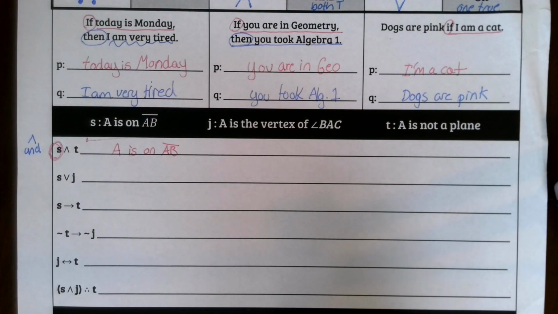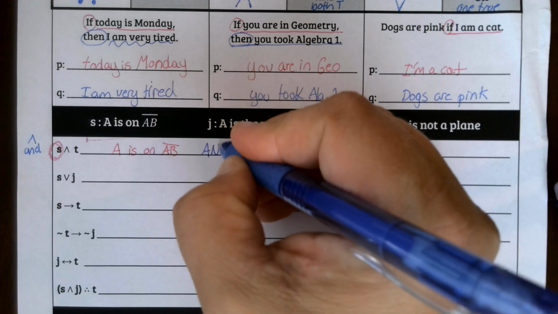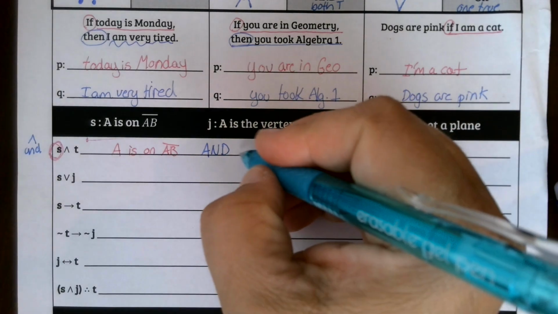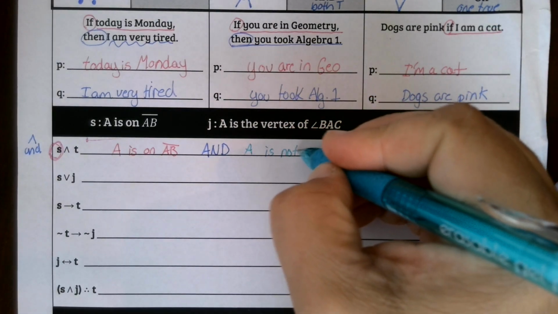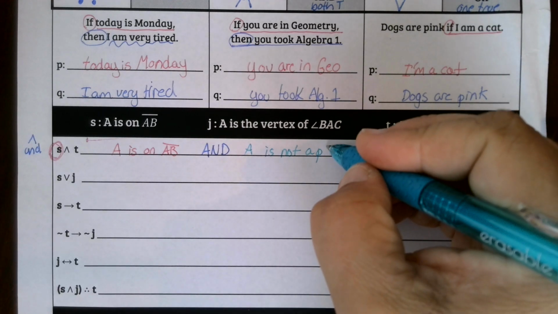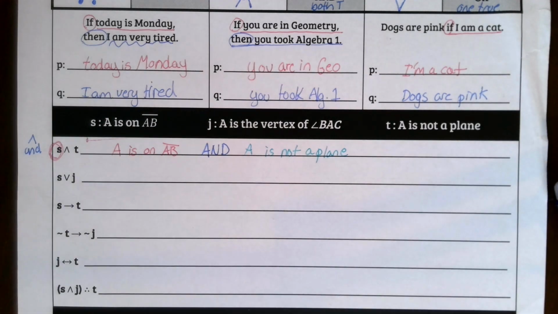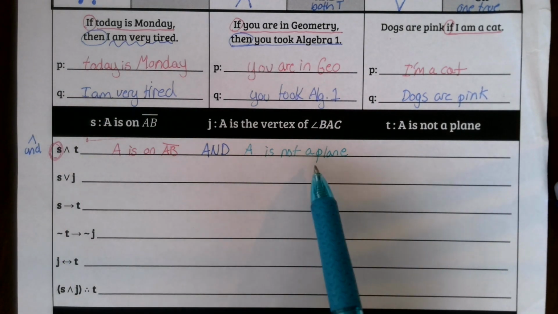An and symbol because it's up like an A. Alright? So then we say and, okay, T. So then I go and I find my T statement, which is over here towards the end. Okay, and T, A is not a plane. Okay, so this would be the full statement written out using these statements, okay? A is on AB and A is not a plane.